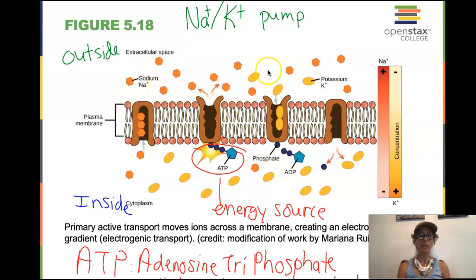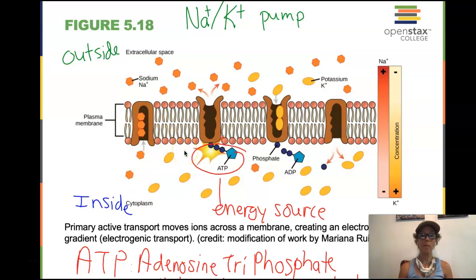Once that is complete, 2 potassium ions bind, and we release the ADP, adenosine diphosphate, and that causes the conformational change to close that channel to the outside and open it to the inside. And now the channel is restored in function to go back and receive 3 more sodiums.